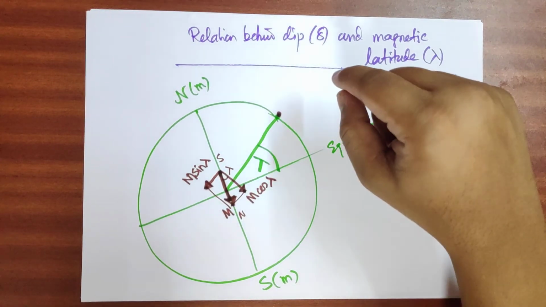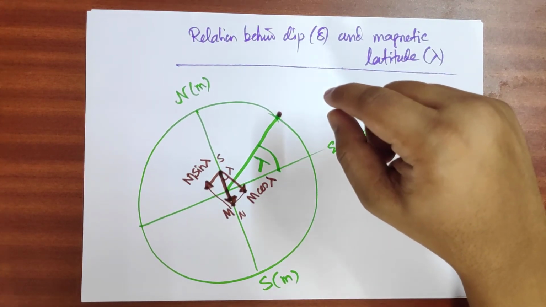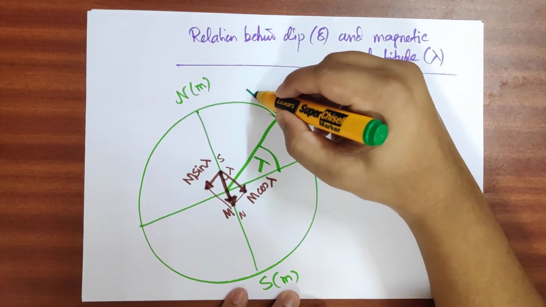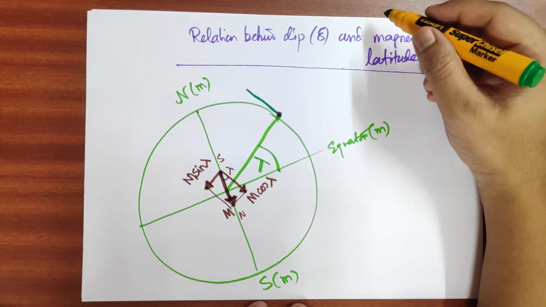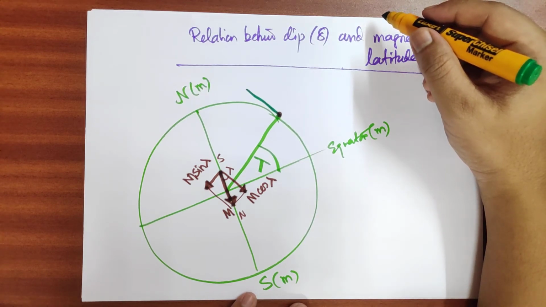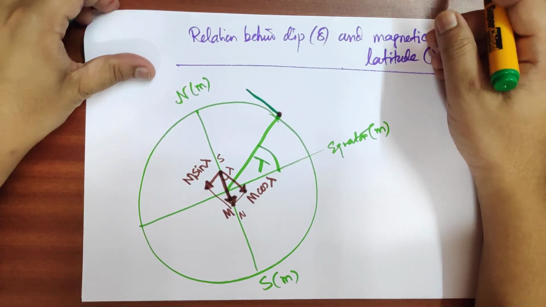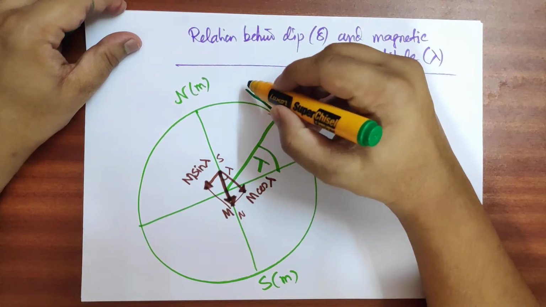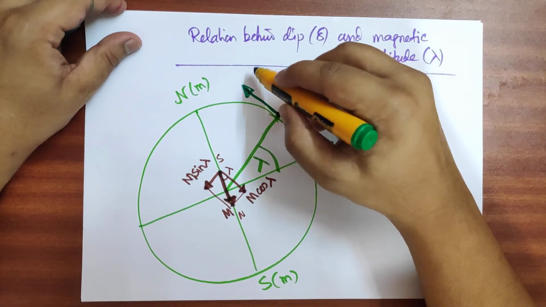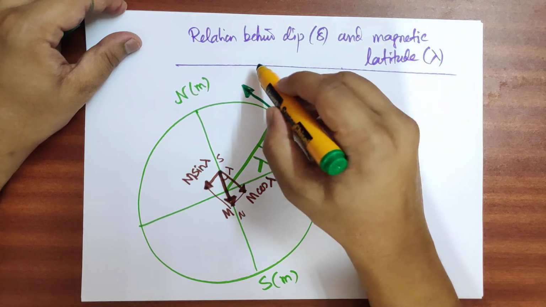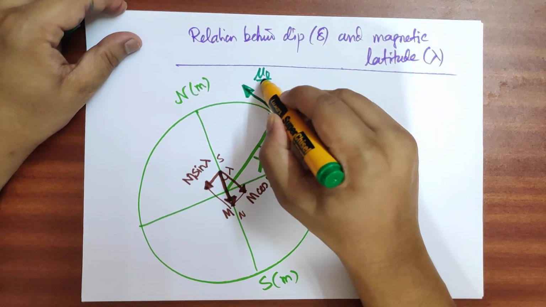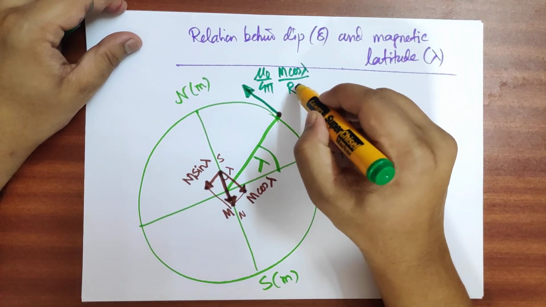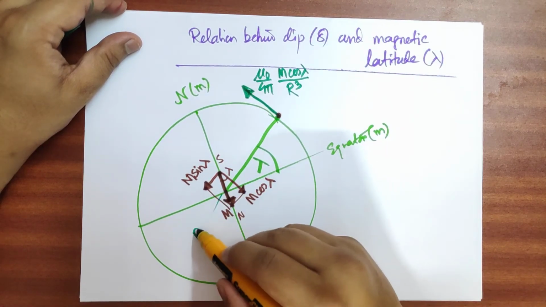This is a point on the surface of the Earth. So what is the magnetic field here? This is mu 0 by 4 pi M cos lambda by r cube, where r is the radius of the Earth.